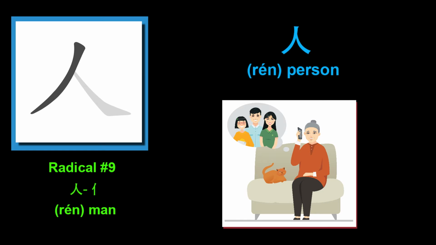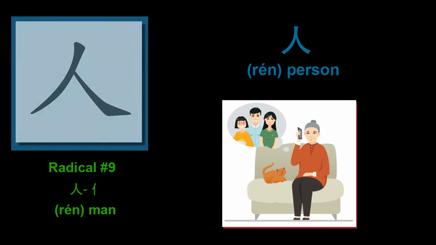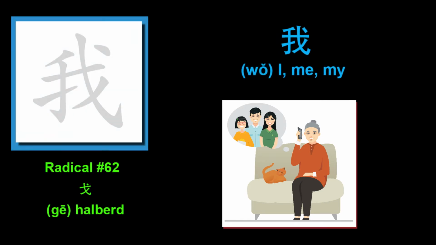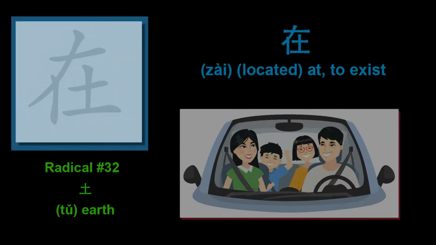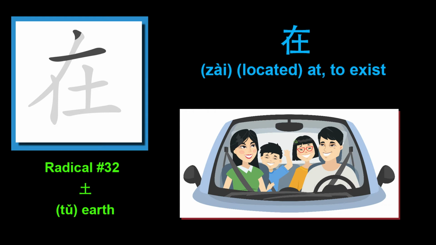Ren, person. 我, I, me, my. Sai, located at, to exist.